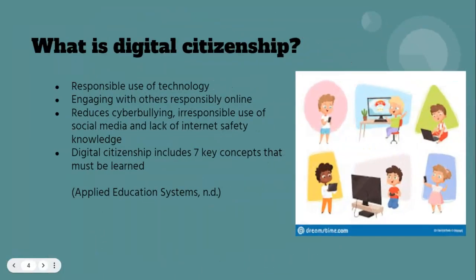What is digital citizenship? It is responsible use of technology, engaging with others responsibly online. It helps to reduce cyberbullying, irresponsible use of social media, and lack of internet safety knowledge. Digital citizenship includes 7 key concepts that must be learned.